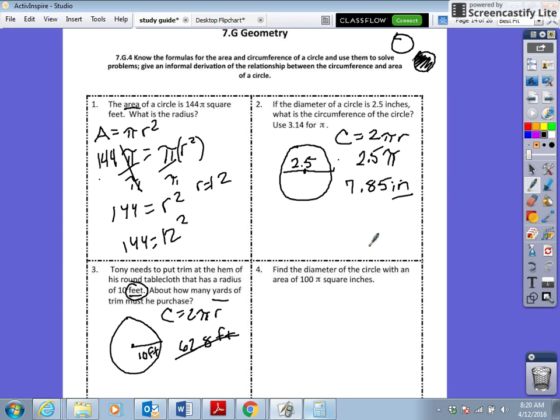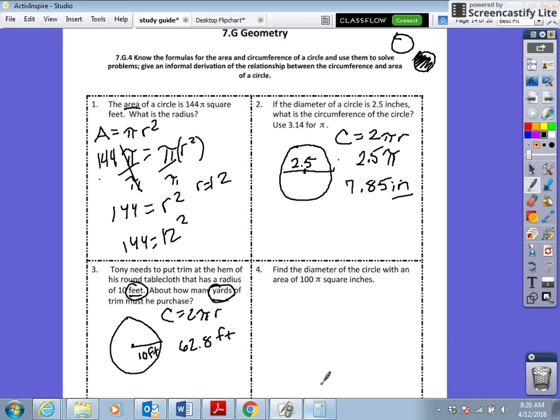That may be an answer that they give you on the test, A, B, C, D, right here. And you'll think you're so smart because you got that answer and it was right there. It was answer B and you're so happy. However, it says yards because they're being very tricky. So how many yards? Well, we have to remember from second grade or maybe third grade that a yard has 3 feet.